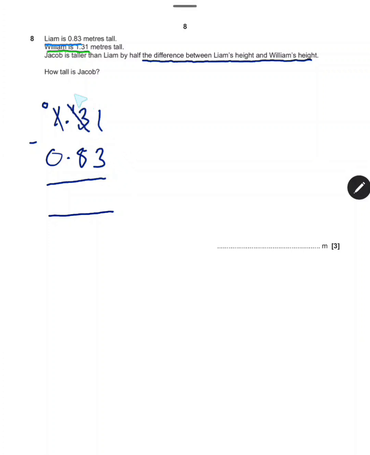Then we're going to borrow from here and change that to a 12. I'm going to do 11 take 3, which is 8. 12 take 8 is 4. And then 0 take 0 is 0. So what we've got here is the difference between Liam's height and William's height.